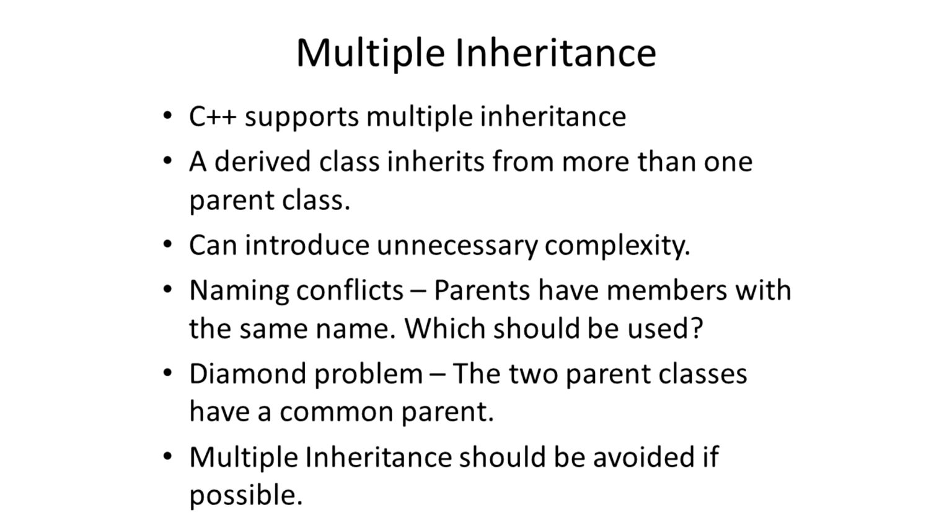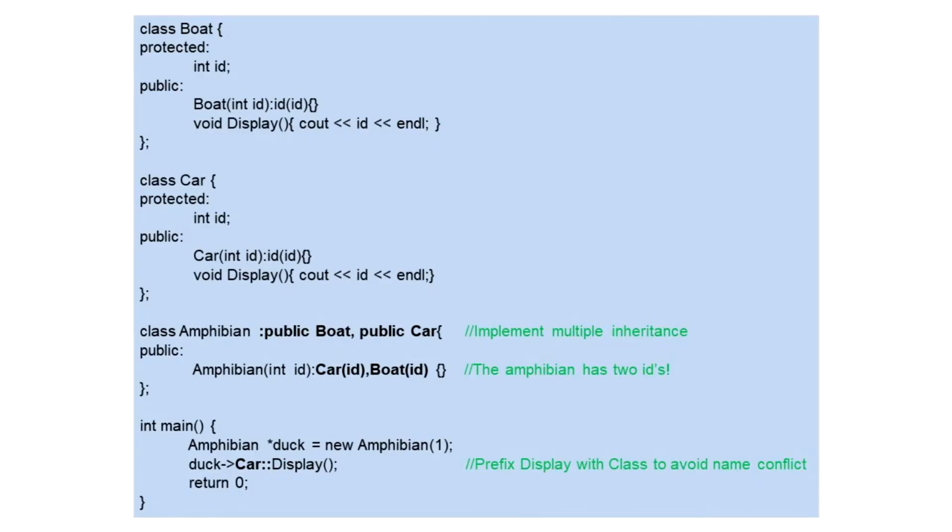All right, so just because multiple inheritance is allowed in C++, it's not always a good idea to use it. And the advice from different authors and programmers out there is actually to avoid multiple inheritance because of those aforementioned reasons. And here's an example of multiple inheritance, which has been coded in C++.